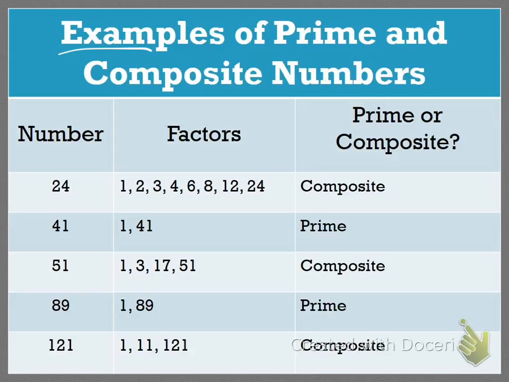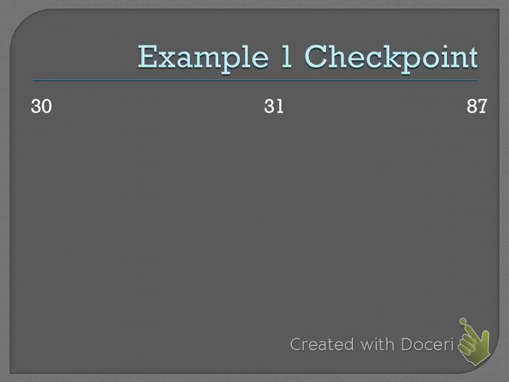All right, so now let's move on. Why isn't it moving? All right, so for 30, we're listing the factors and telling whether the number is prime or composite.